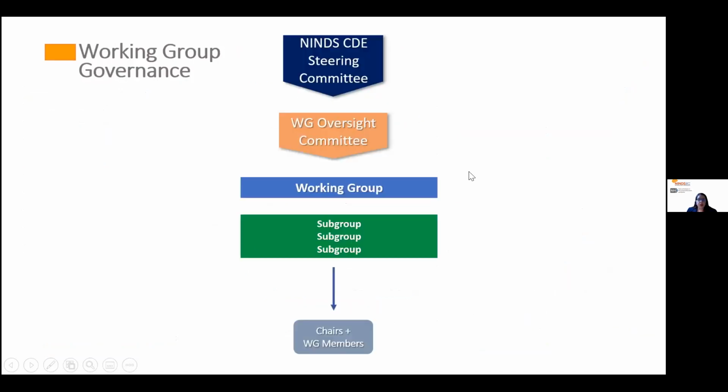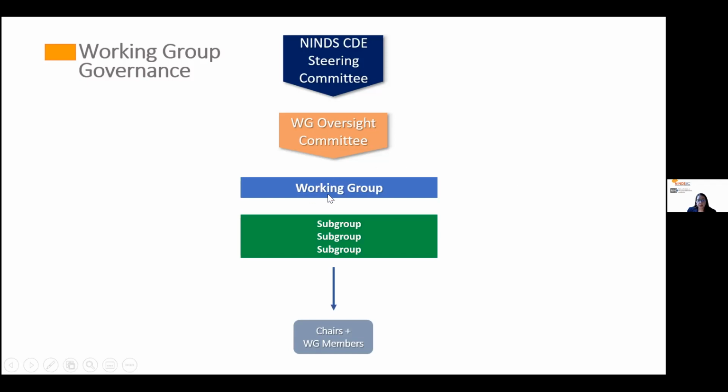So this is our governance. We have a general group that oversees the whole project, called the steering committee. Then under that we have the working group oversight committees that provide oversight to the working groups. So the working group is Parkinson's, or every neurological disorder, or one group that we have that spans many disorders, the neurological rehabilitation group.